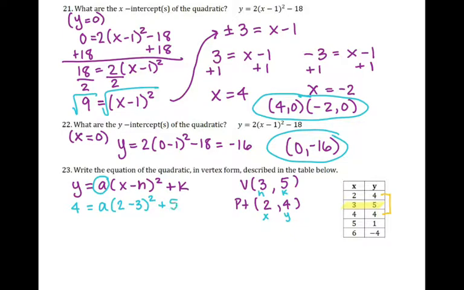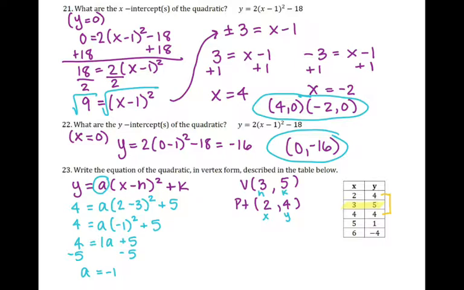And k is 5. So just working through this, simplifying 2 minus 3 is negative 1 squared plus 5. Negative 1 squared is negative 1 times negative 1, which is just 1. So I have 1a plus 5. Subtract 5 from both sides, and you get a equals negative 1.